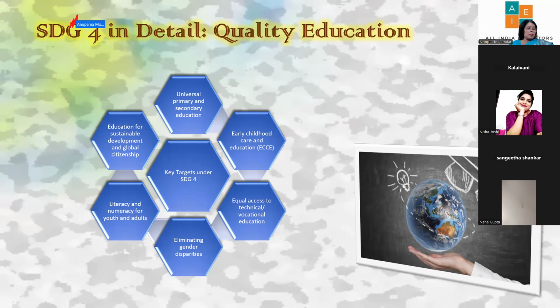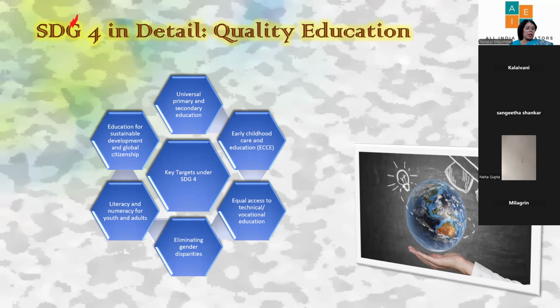Early childhood development should be there. Equal access to technical, vocational, and higher education, not only at primary and secondary level, but to all the other categories also. Relevant skills for workforce, skill development should be there. Increase the number of youths and adults with relevant skills for employment, decent jobs, and entrepreneurship.